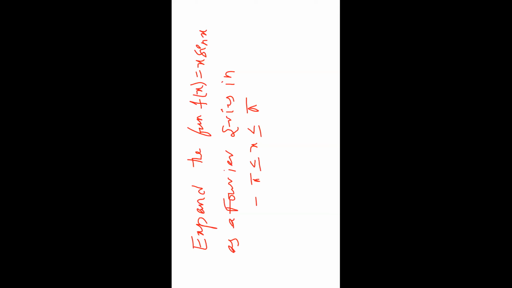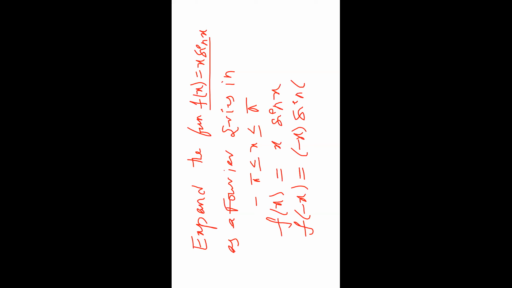So taking f of x of the given problem, f of x is x sin x. Replace x by minus x, so minus x sin of minus x. So minus x sin of minus x, it is minus sin of x, minus into minus is plus.